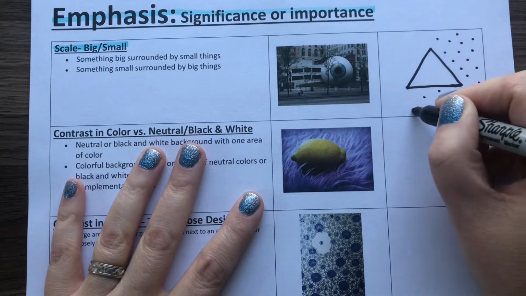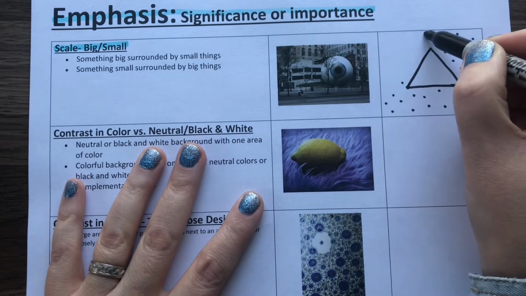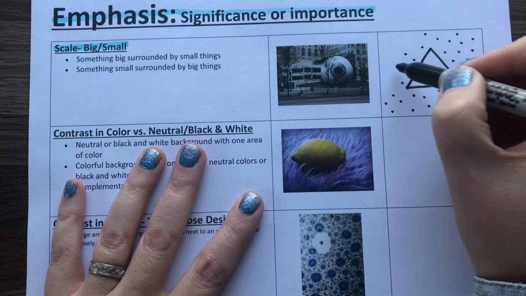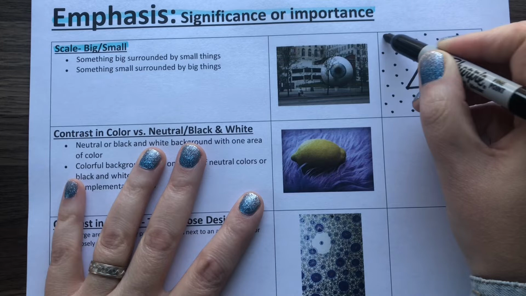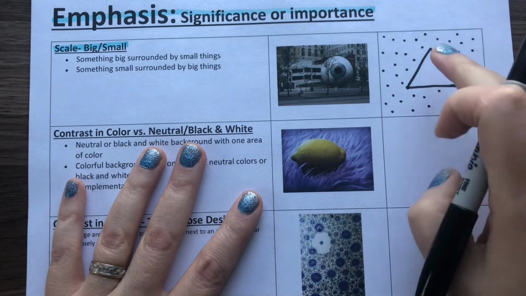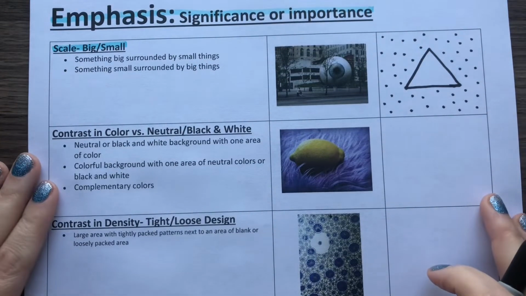It ends up being the triangle. The triangle stands out the most because there are so many small things around the outside that it makes them look like a background. And this triangle stands out because of the size.